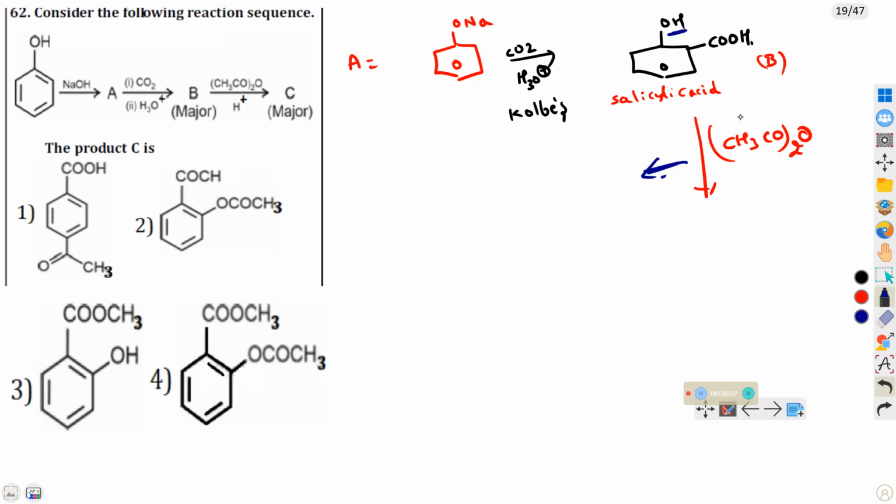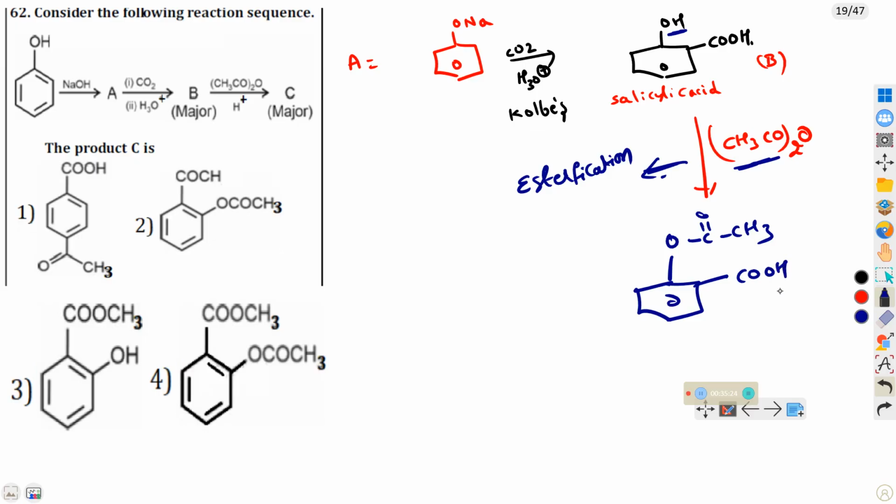Alcohol reacts with acid anhydride; the process is called esterification. Then it gives aspirin, acetyl salicylic acid.